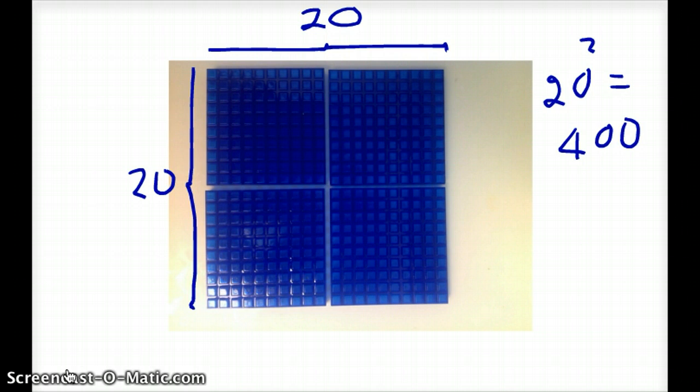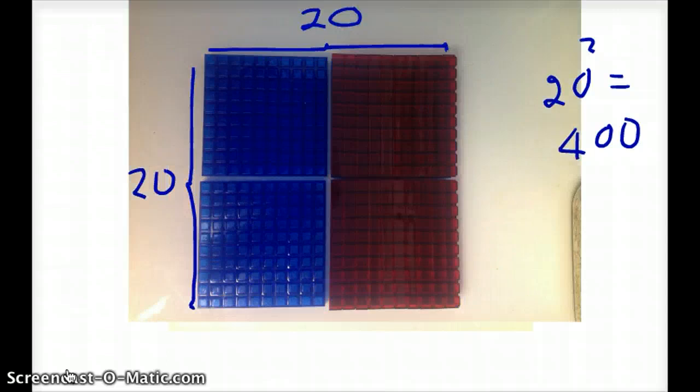I'm going to now overlay in red 200s. So what I've actually done is taken 10 10s and clipped them together and laid them on their sides on top of two of the blue 100s.